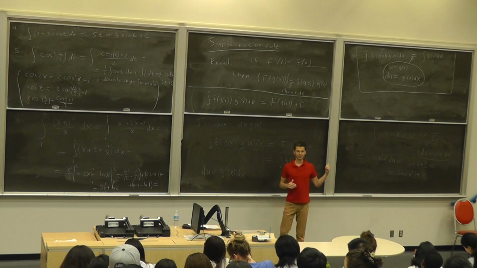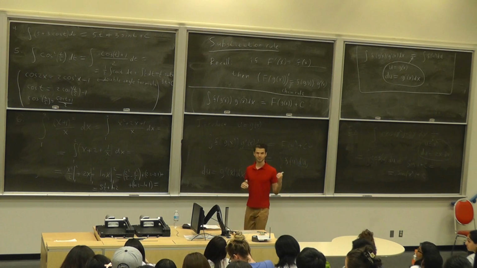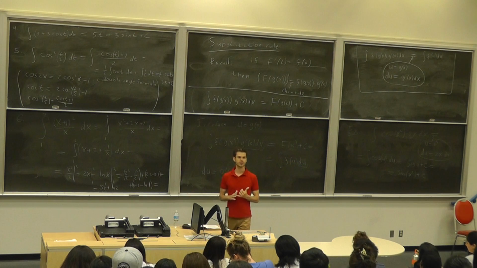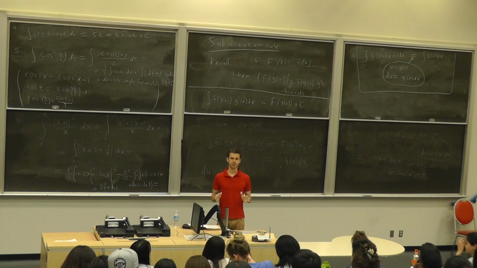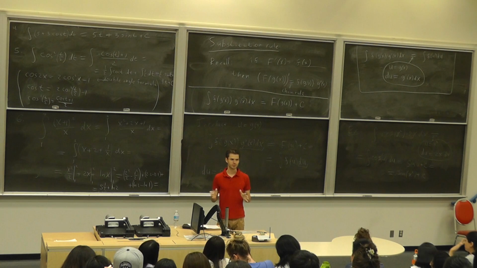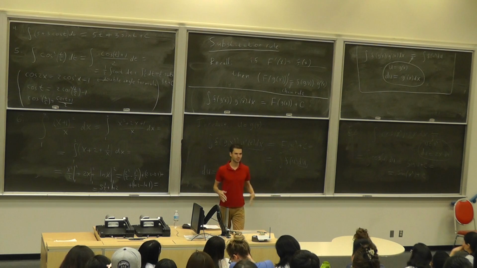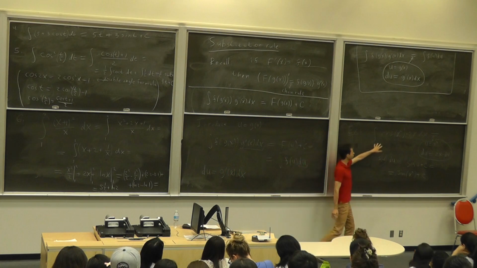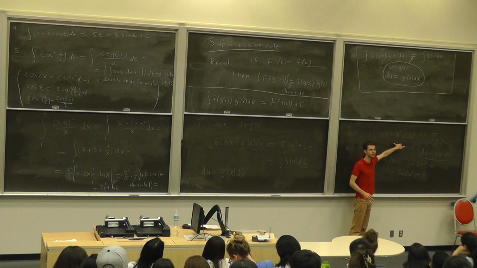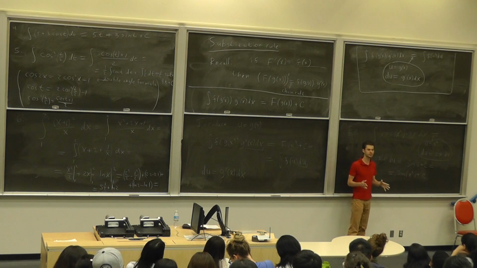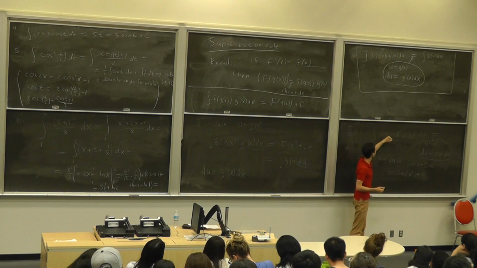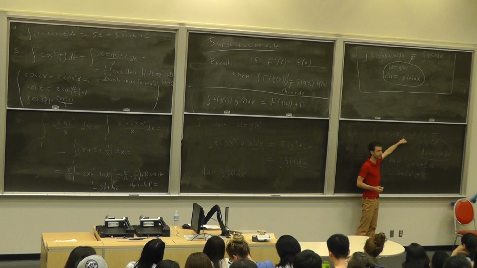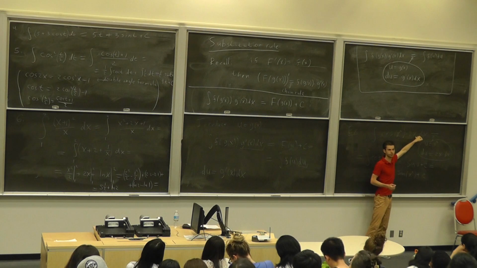So, questions about this example. This example is quite easy in the sense that I tried to write a function which is quite explicitly of the form a function g of x times the derivative of g.